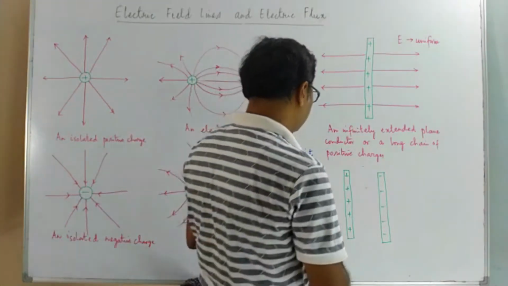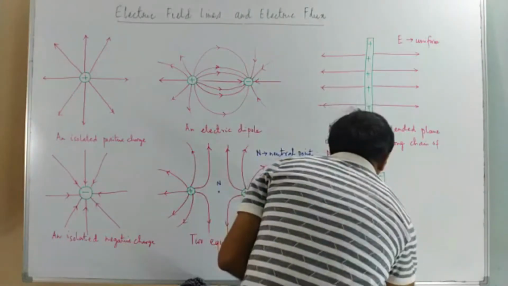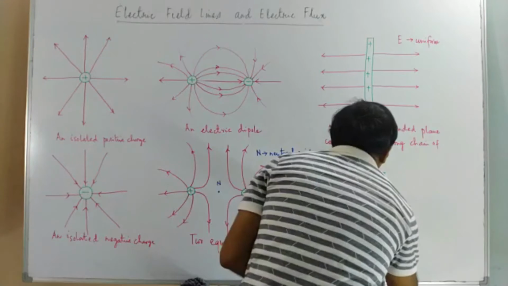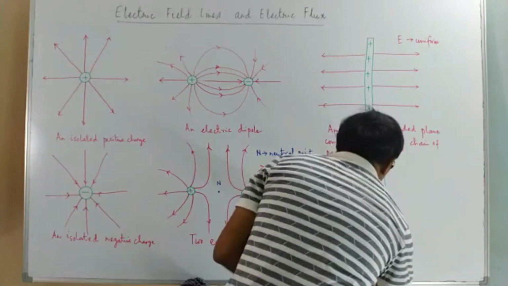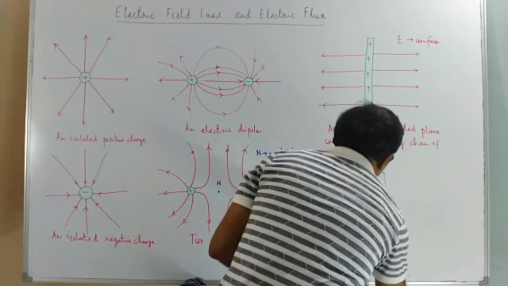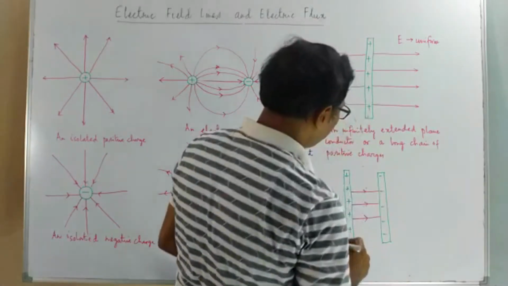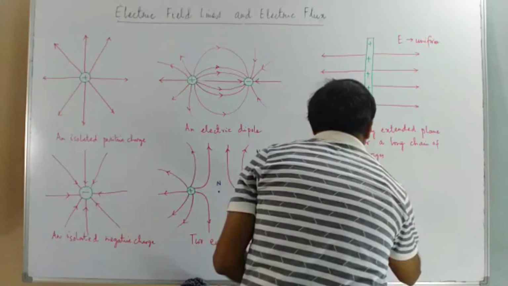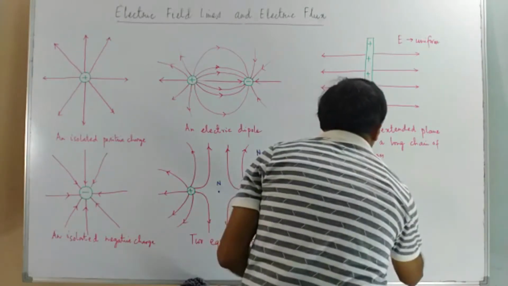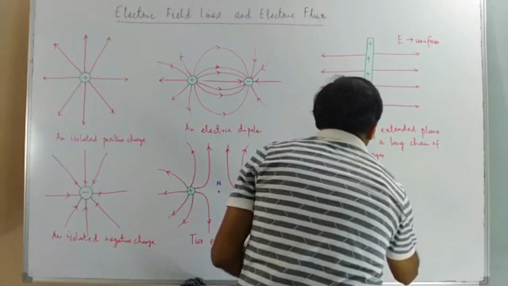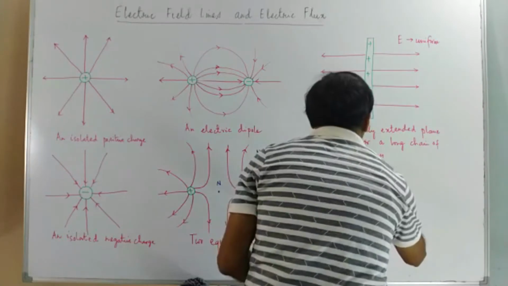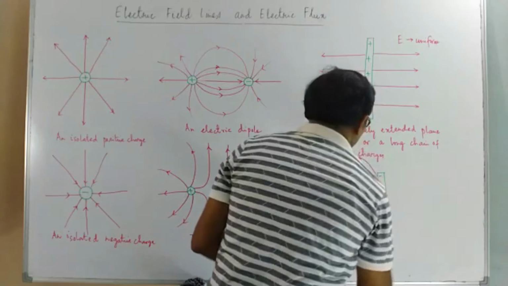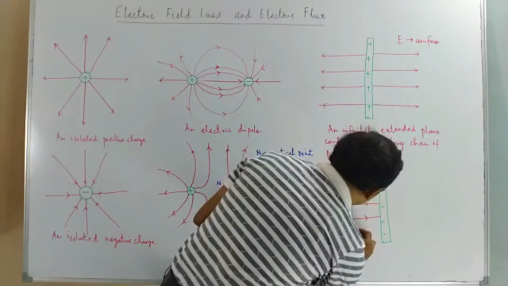In this case, electric field line will be uniform in the central region. But if we move towards the edges, electric lines of force fringe.